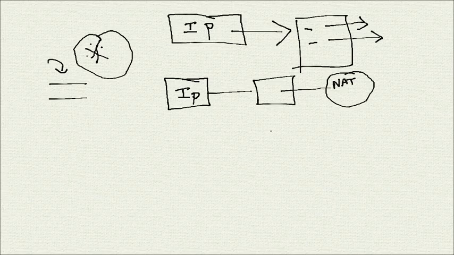How does the IP address come about? Before that, what is the IP address range? This is a 32-bit address.